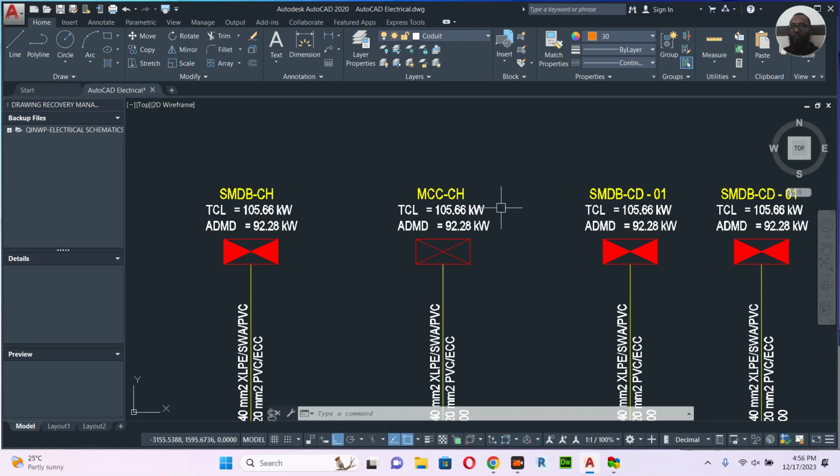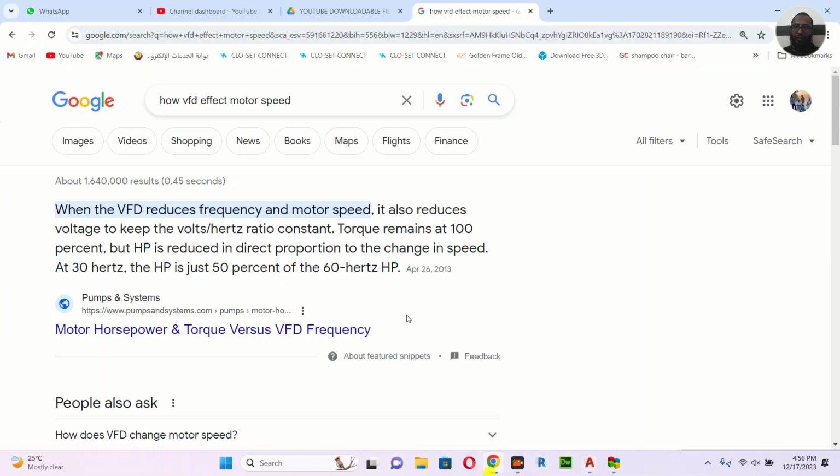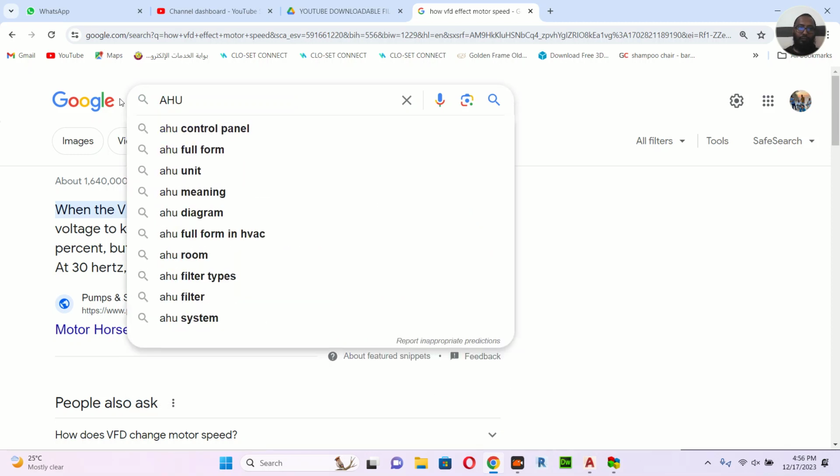So this MCC panel is always connected with pressurization fan, exhaust fan, AHUs, FCUs, some ACs, everything. So what is AHU? Already I am out of the subject. AHU unit.